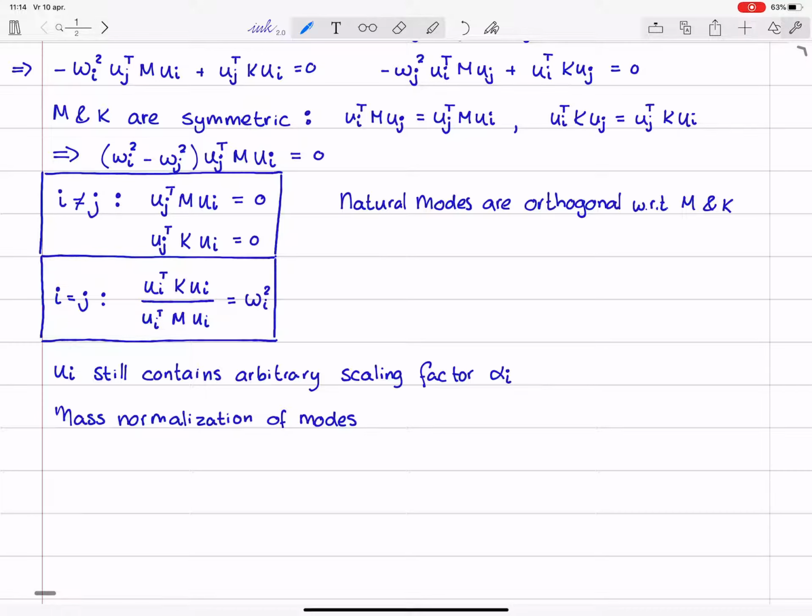And that is that we choose alpha i such that u_i transposed times M times u_i is equal to 1. And as a consequence, it follows that u_i transposed times K times u_i is then equal to omega i squared. So for this particular choice of alpha i, we can get it like this.